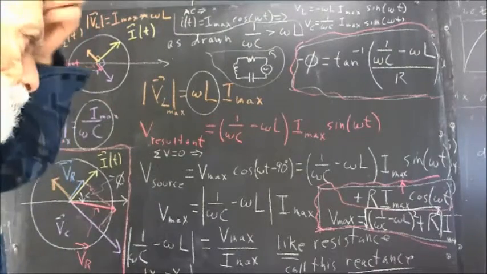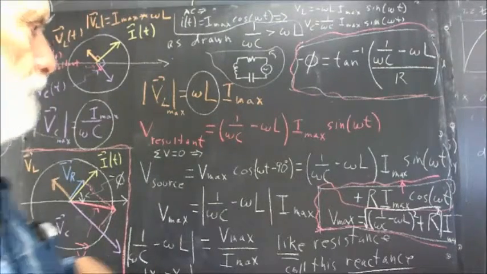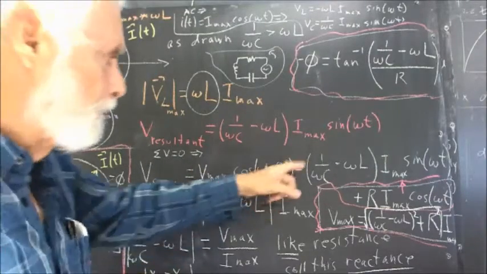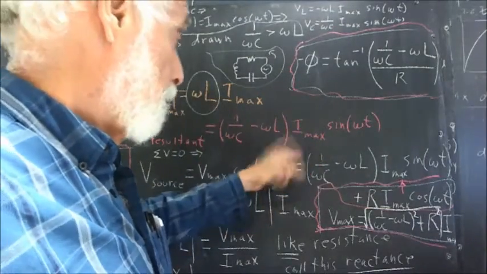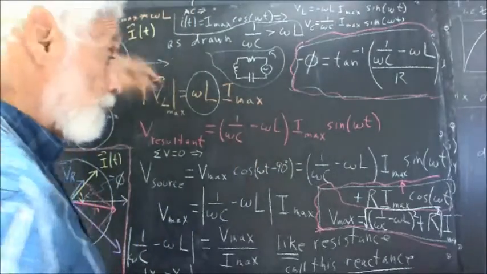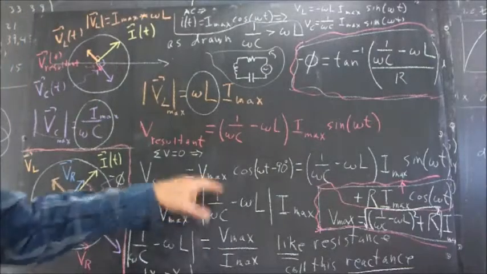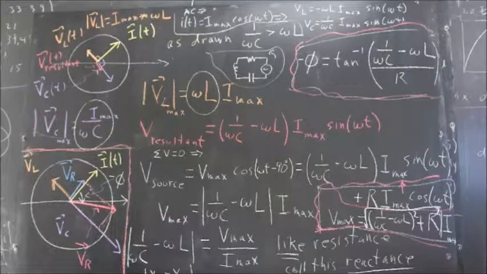Now, I'm being a little bit funny here, because as I have the circuit, the phasor drawn here, this is negative, but Vmax should be positive. So this Vmax might be negative, and that can get a little bit confusing.